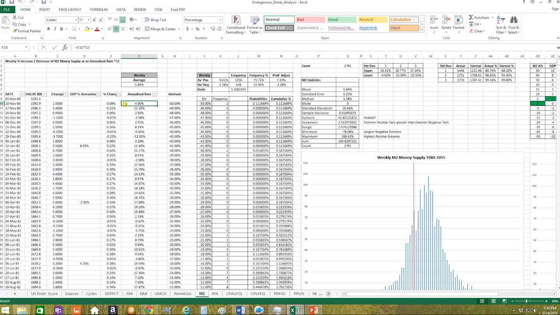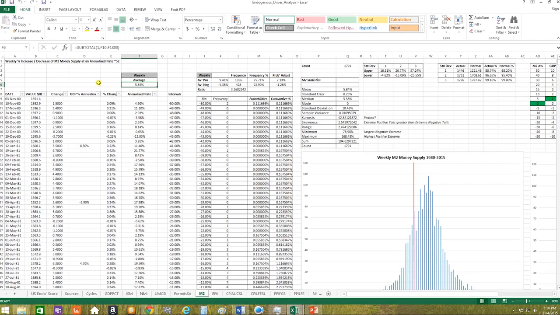We multiply these by 52 to get the constant annualized growth rate. So if we were applying the same growth rate every single week, consistently moving forward, we can see that the long-term average growth rate is just under 6%.